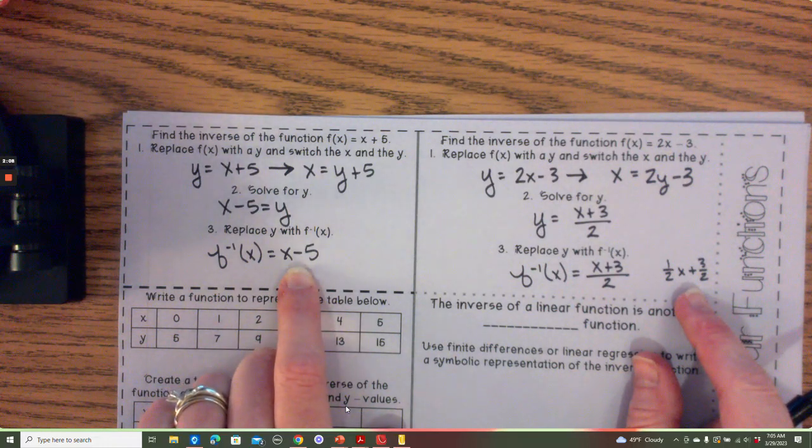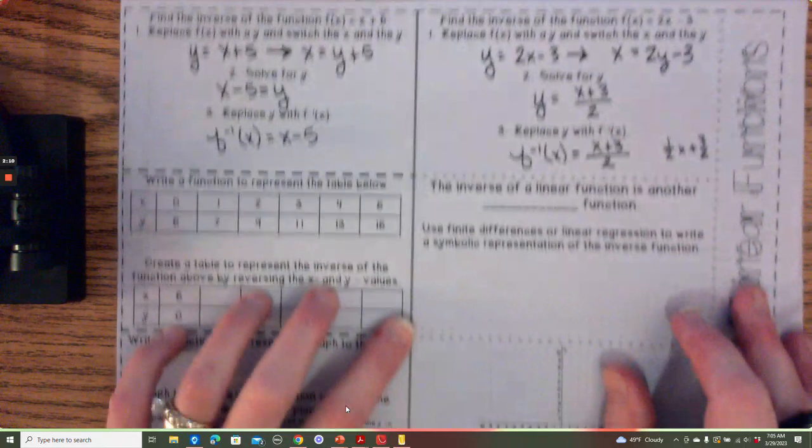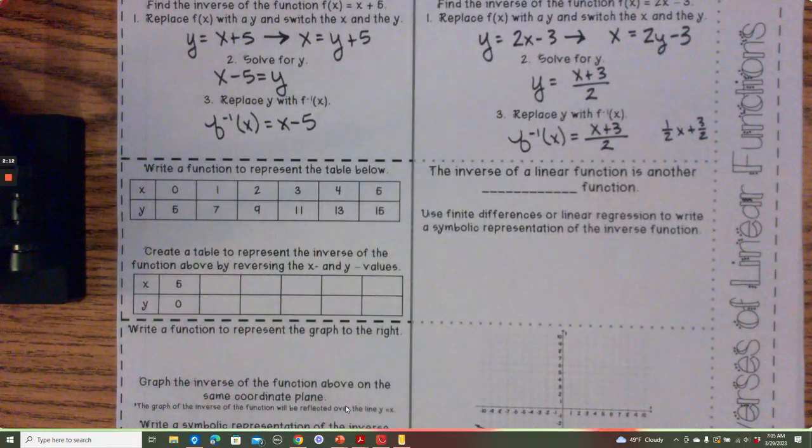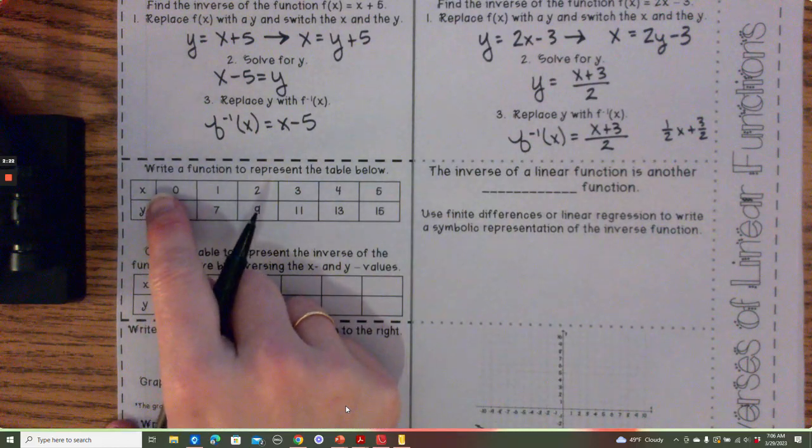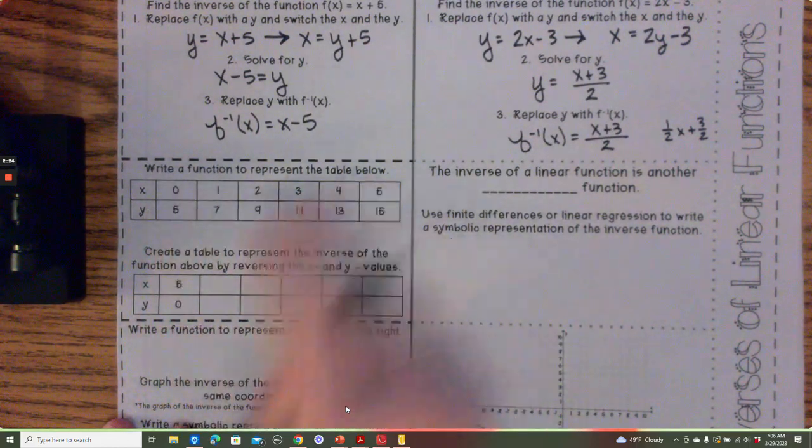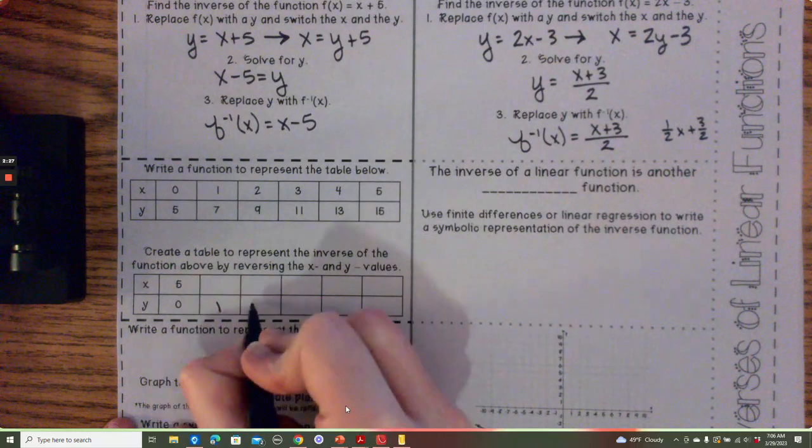Okay? All right, so from a table, if they give you a table of values, you can swap the x and the y values to create a table for your inverse. So what happens in an inverse is the x's become your y values.